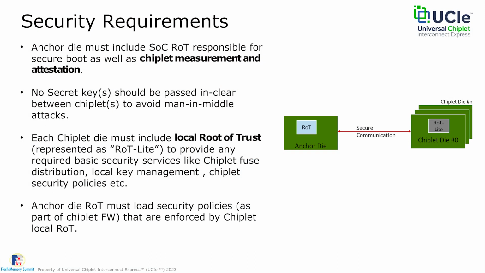But if you're not bringing it, you have to be very aware that it has not been brought into the root of trust. Maybe it's an endpoint like a memory. There's some alternate mechanism by which it can be done. But at least for the majority of the chiplets, we are expecting that there's some form of a local root of trust. Okay, and then again, all the security policies are being established by the root of trust, and then it gets propagated to all of the chiplets in the system.